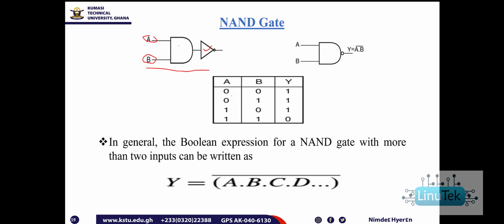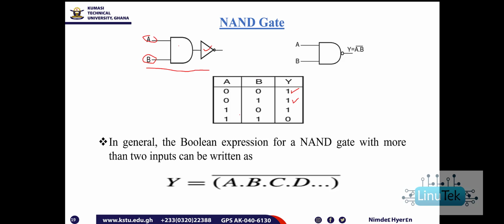So if we take 0 and 0, which would normally be 0, because there is a NOT gate, which makes it a NAND gate, we would get 1 as the output. 0 and 1 would normally be 0, but its complement is 1.